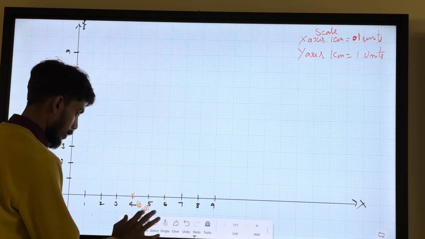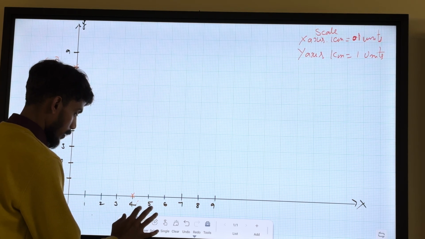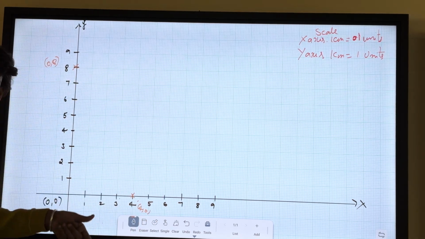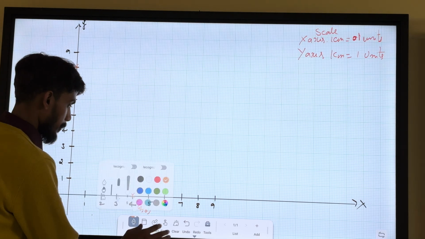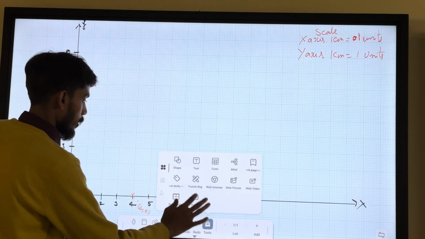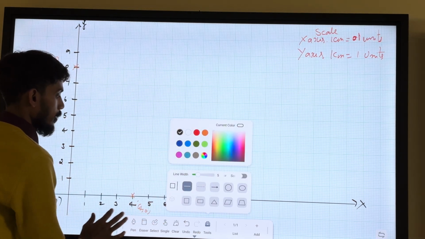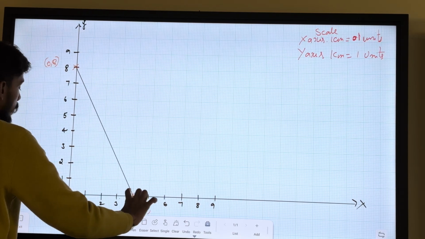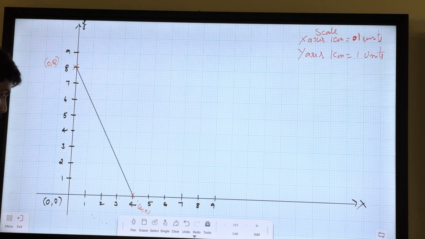This is 4, 0. Once we locate the points, we have to join them. I can join them using a straight line. This is how I get the line.